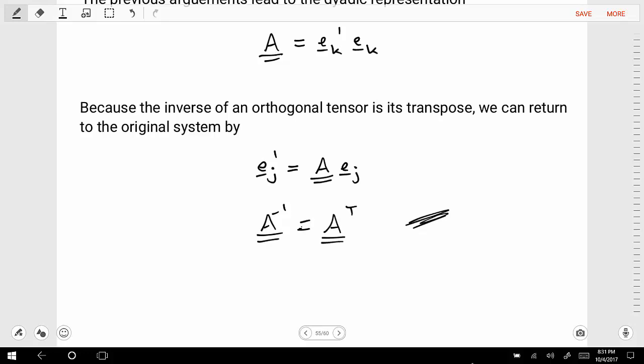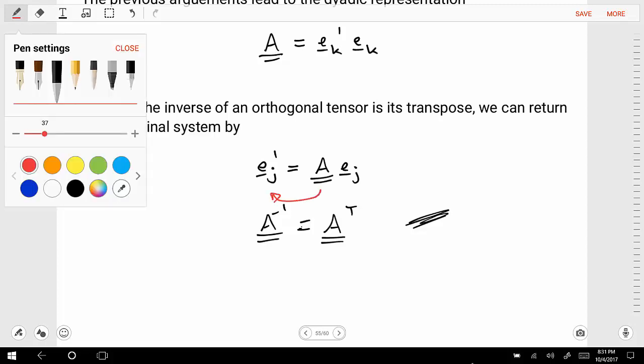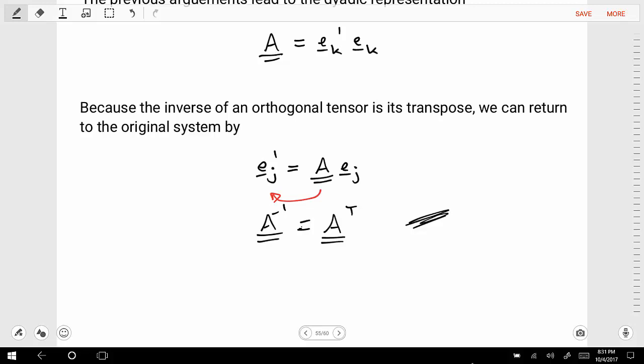So the inverse of the tensor is equal to the transpose. So if we rearrange our first equation here, we can actually find a relationship that takes us back to our original coordinate system if we're in a rotated position. And then let's introduce a new index here. So we'll say that our original coordinate system is equal to A transpose, so we're bringing it to the other side of the equation, times our new system.